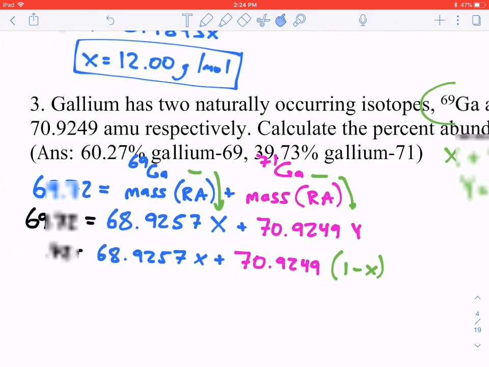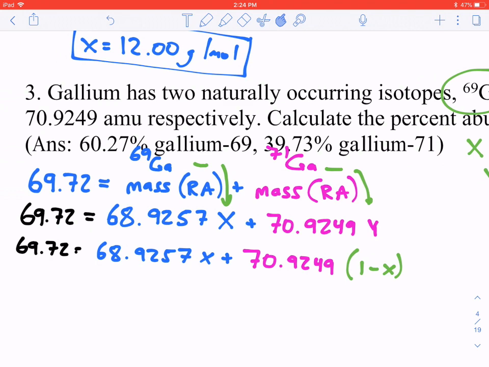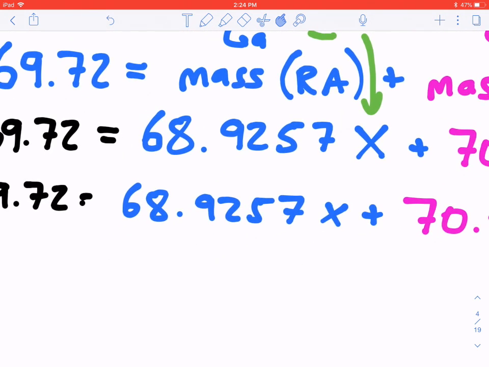Now we have one equation, and now we have one variable. It's x. So we have to get a little creative here with math, right? We have to expand.